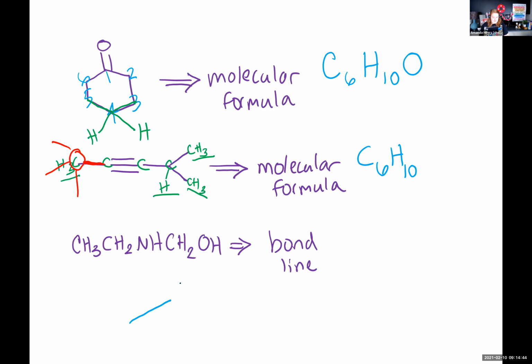It's literally just a line, but it's 2 carbons. And then attached to that carbon is a nitrogen. And then attached to that nitrogen is another carbon. And then an oxygen. Now I do have 2 heteroatoms in there. I have a nitrogen and an oxygen. They each have a hydrogen attached to them. So I need to draw those in.